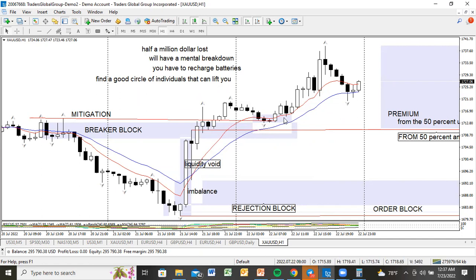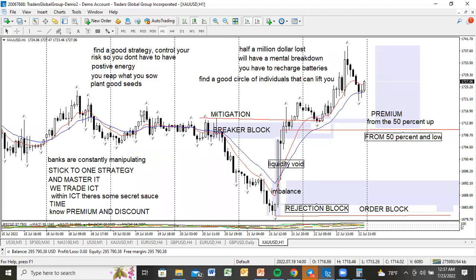Either they are visiting another block, or a fair value gap, or they are trying to fill a void, or they are going to be touching a breaker, or a mitigation. Do you understand? So those are 7 areas in your discount area or in your premium area that you'll be paying attention to.